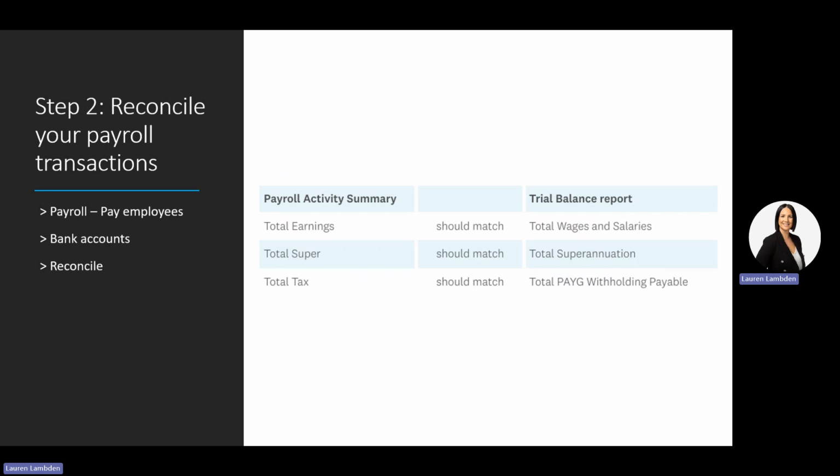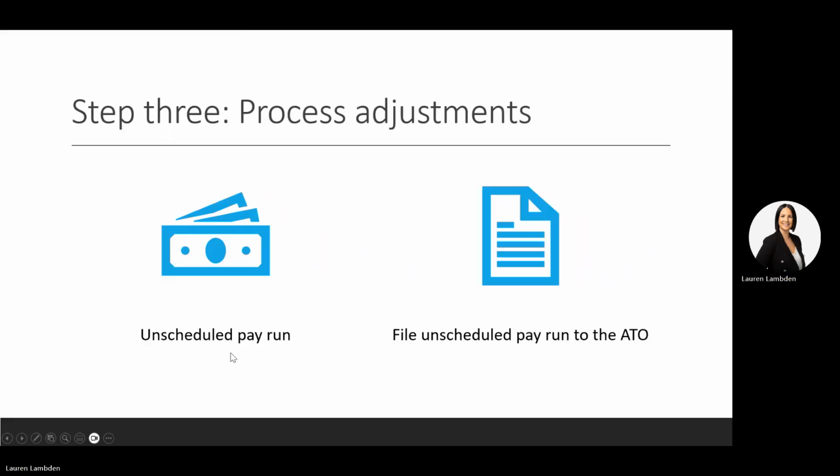They're the three really common issues that we see when we're reconciling our payroll data. So just to recap again, if you find an error, you need to process an unscheduled pay run and file that unscheduled pay run to the ATO.